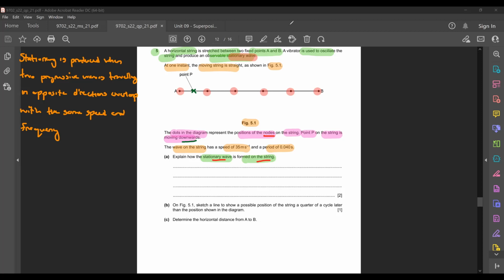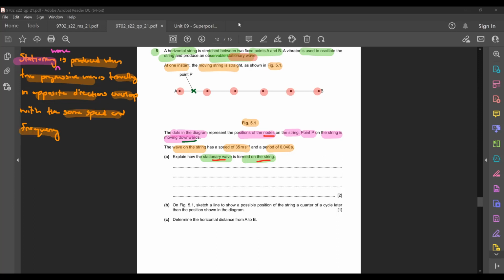Okay, so the general definition for the formation of stationary wave was that stationary wave is produced when two progressive waves traveling in opposite directions overlap with the same speed and frequency.